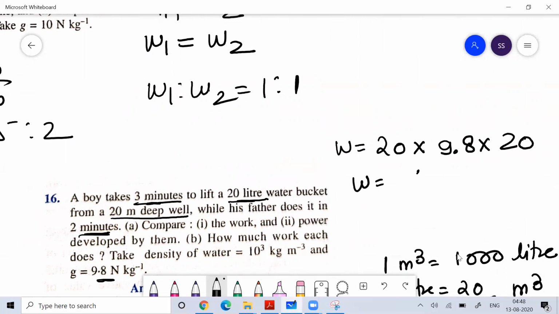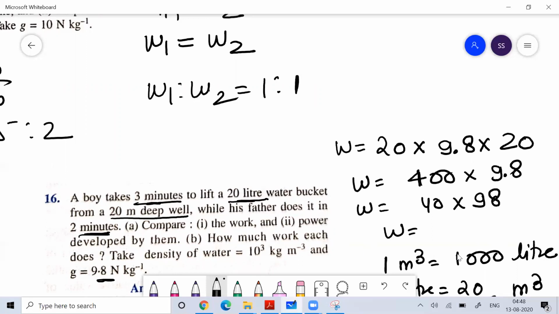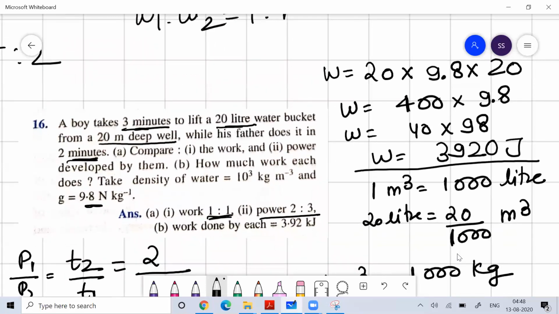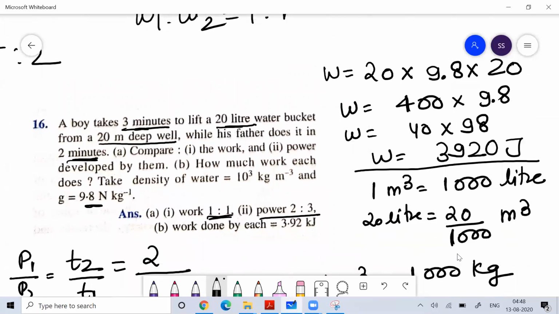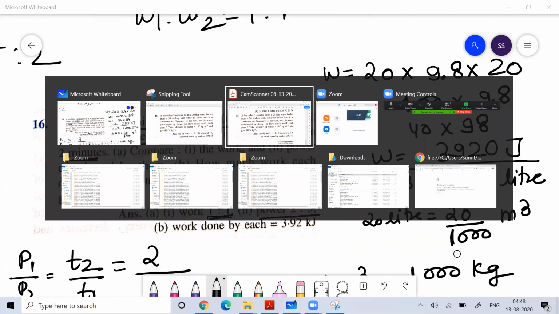So the work done would be equal to 20 into 9.8 into 20, which is 400 into 9.8, so 40 into 98. 8 fours are 32, 3 carry. So the work done will be 3920 joule, or you can write 3.92 kilojoule. So this was the last question.